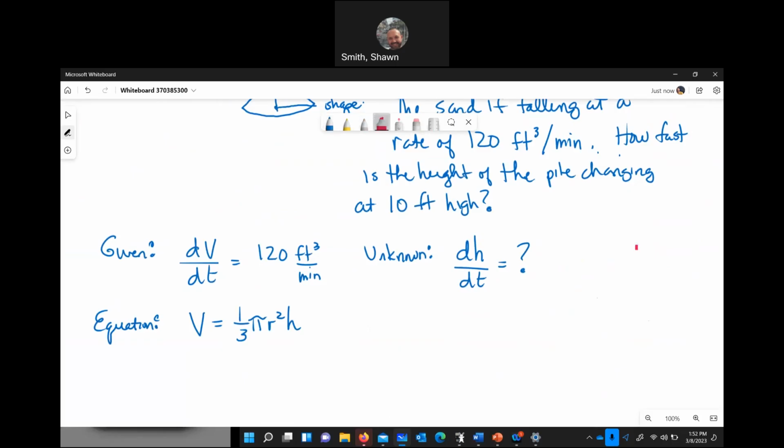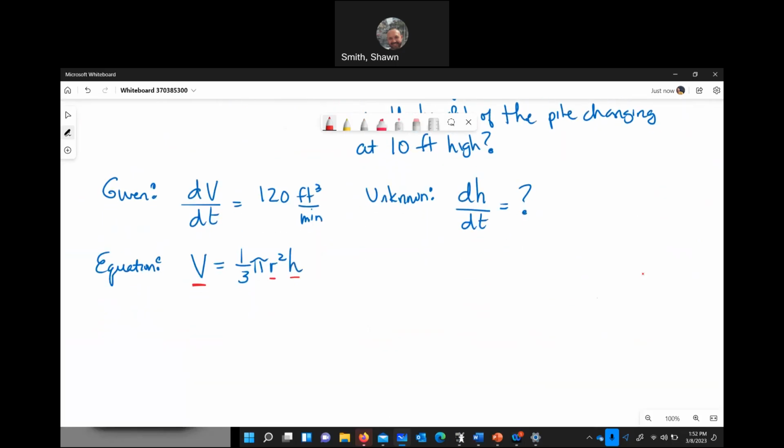Volume is a variable that can change, the radius can change, and the height can change, right? So there's a little bit of a problem. Usually you just have one equation in terms of one variable, right? Makes it a lot easier.